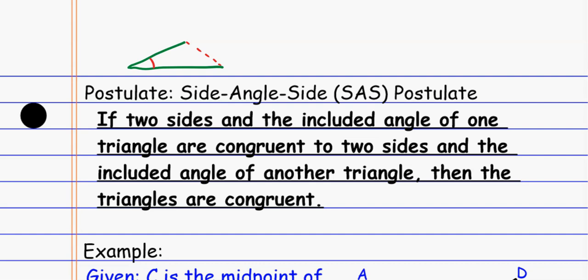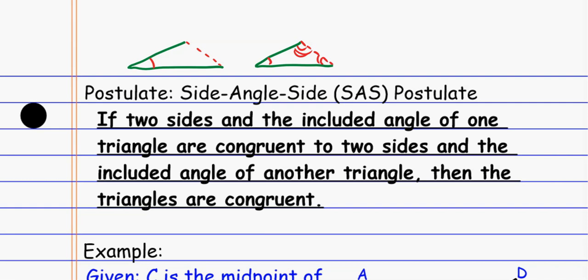And so if I duplicated those two sides, and I duplicated the same angle, you see that it locks us into having the same length here again, okay, with the same angles here again. All right. And so that's the idea behind this postulate, is if I have two sides that are locked and the angle in between is locked, well, the third side has to automatically be locked. Okay. And so it makes these two triangles congruent by side angle side.